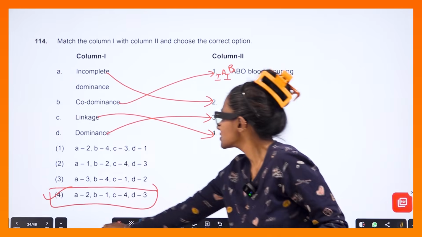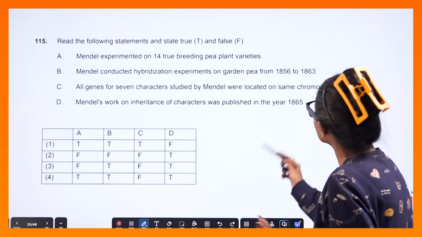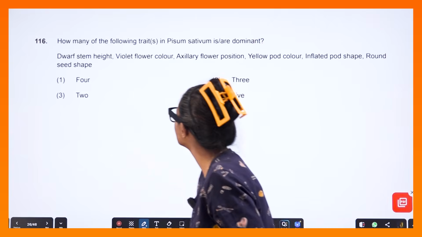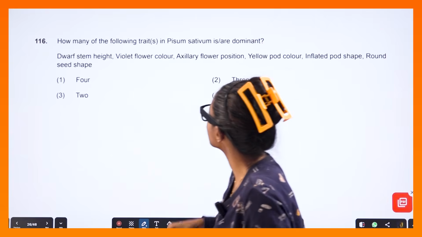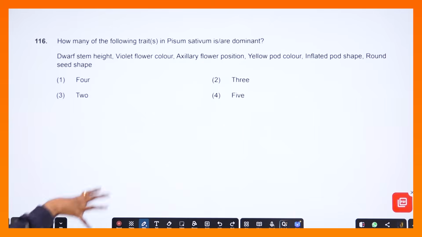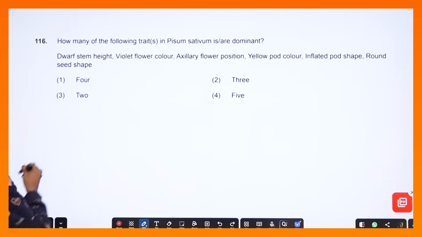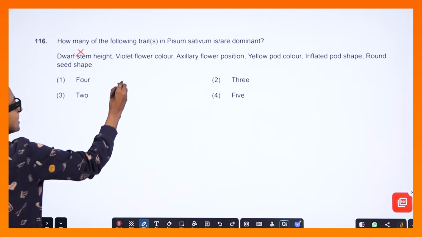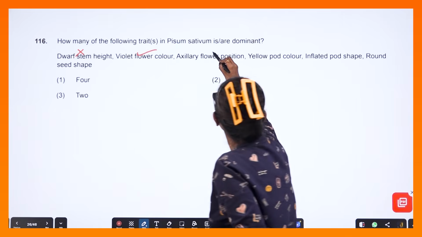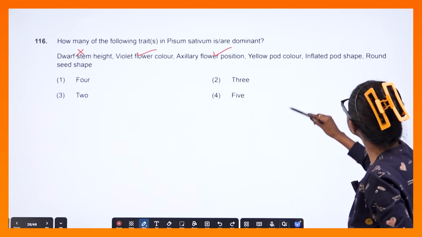Just wanted to show this to you. This is also fine. Mendel's true, false, I'm not doing. Let's do this, a different pattern question. How many of the following traits in Pisum sativum are dominant? Dwarf is not dominant. Axillary flower position, dominant.